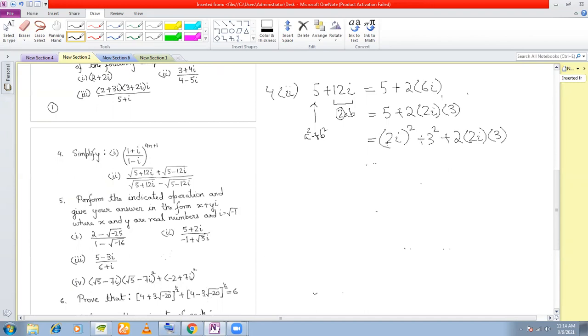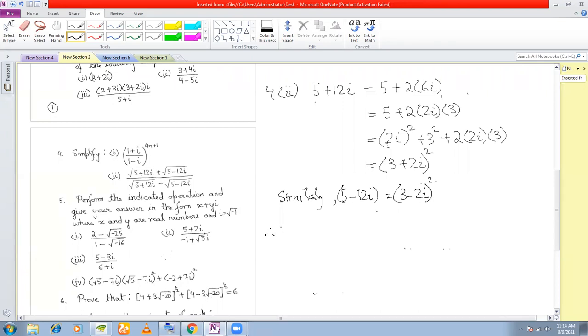That means now we can write this as 3 plus 2i or 2i plus 3 whole square, right? So I have expressed 5 plus 2i as a perfect square. Now what else do you have? Similarly, 5 minus 12i must be equal to 3 minus 2i whole square, right?